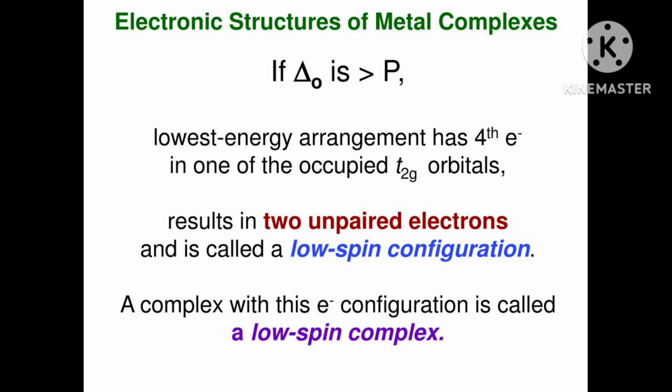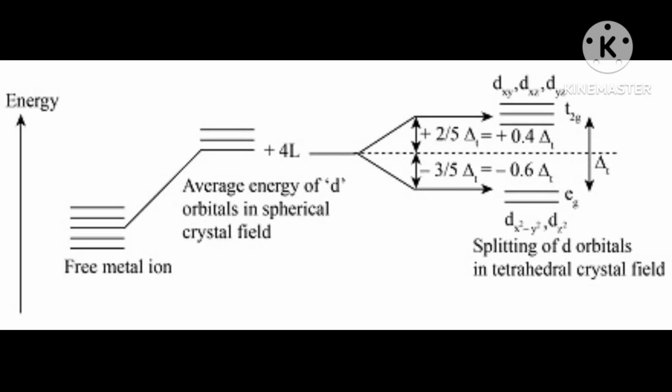Then 500 means blue-green, but now 475 means blue. Color of the light absorbed is blue, because 475 nanometer wavelength means light absorbed is blue.